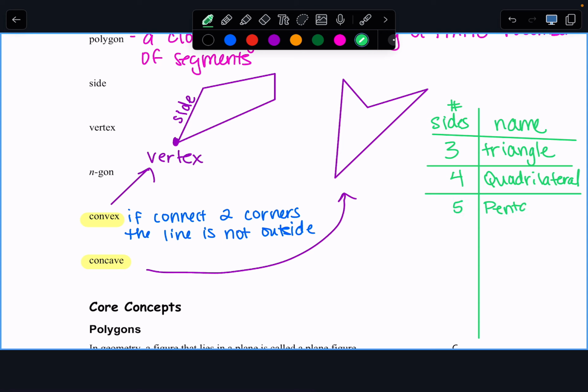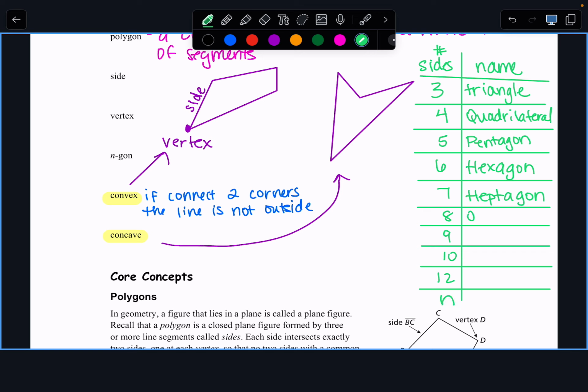Oh, that's right. Okay. Octagon. So octagon is 8.